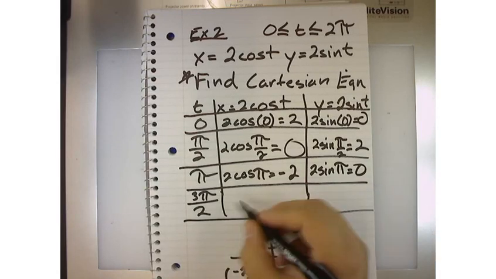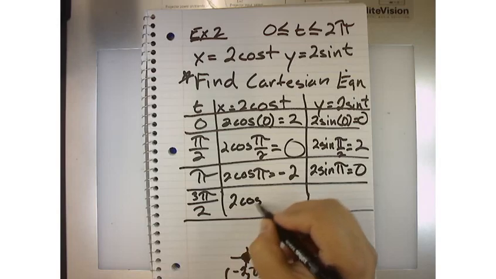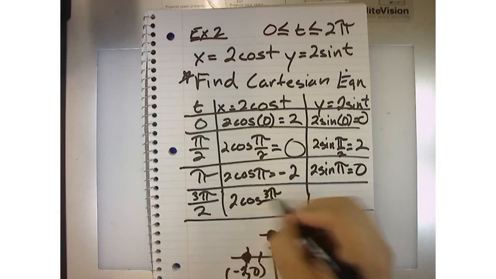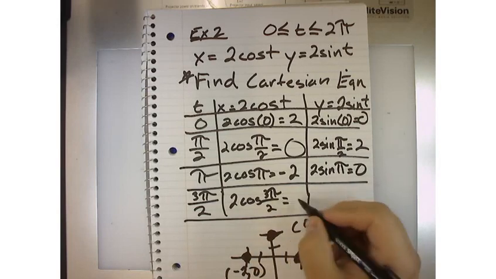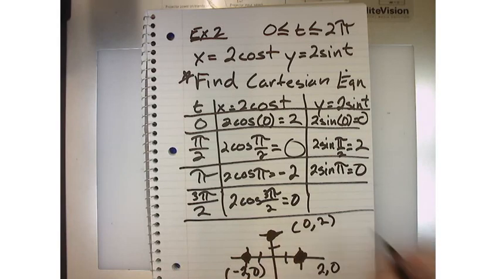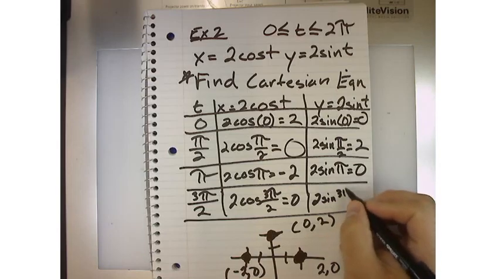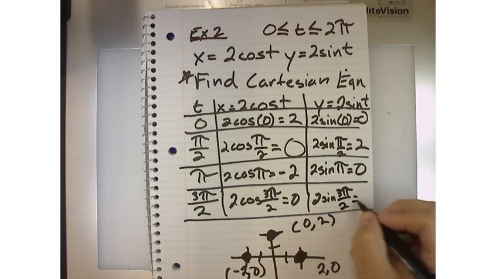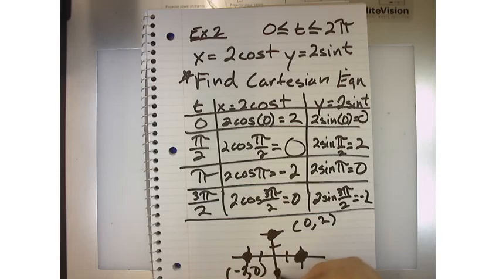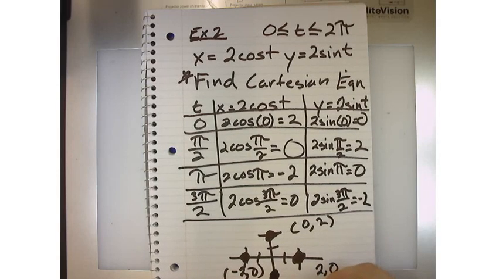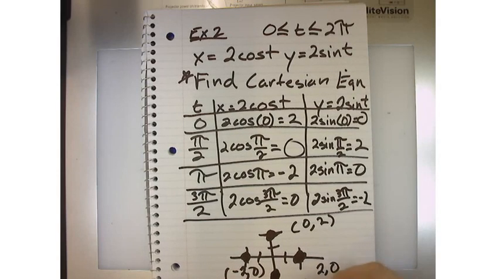And then lastly, 2 cosine of 3 pi over 2, that's 0 times 2, right? And then 2 sine of 3 pi over 2 is equal to -2. Oh, I wrote that down wrong.